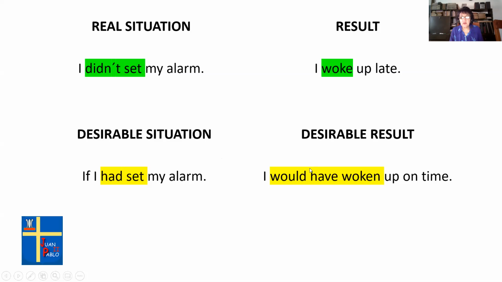Contrast the two results and the two situations, the real situation and the desirable situation. This one is in past and this one is in past perfect. This one is in past and this one is in the past of would.